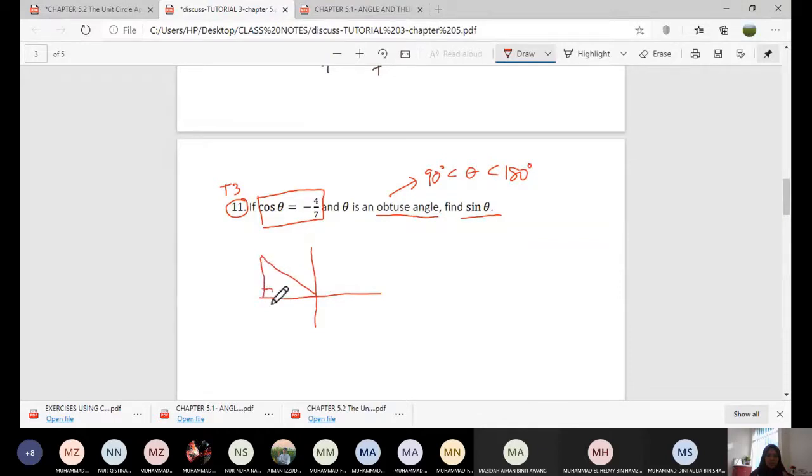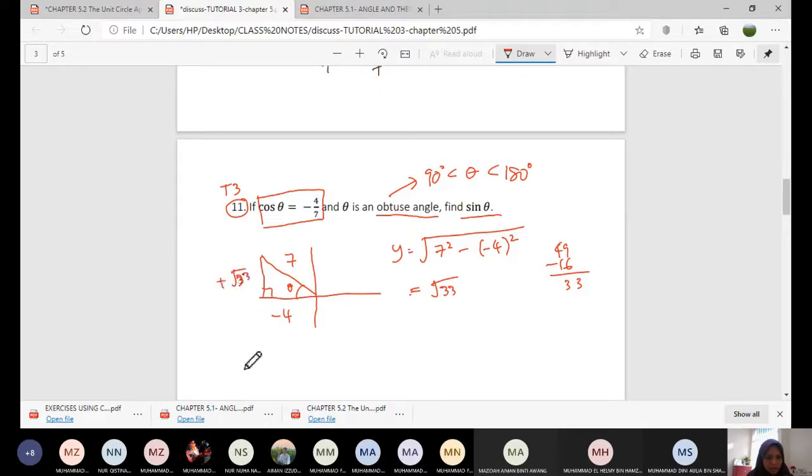So draw it, and then negative 4/7. Negative 4, this is 7, find y. y is square root of 49 minus 16, which is square root of 33.